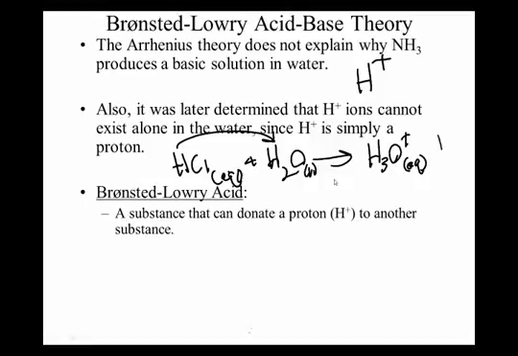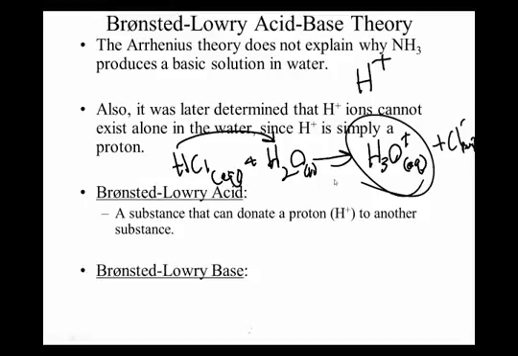And then what's left over is, of course, the chloride. So this is just a slight shift in our thinking. Instead of just dissociating to leave the proton floundering about, it actually donates it to the water. And it's this hydronium that gives acids the properties that we observe: sour taste, reaction with bases.